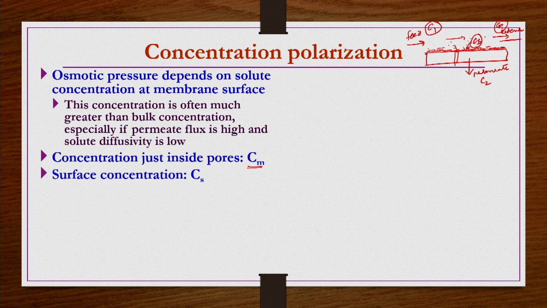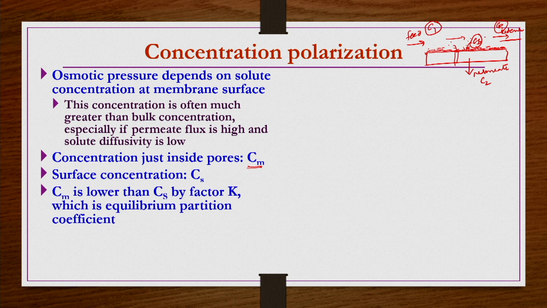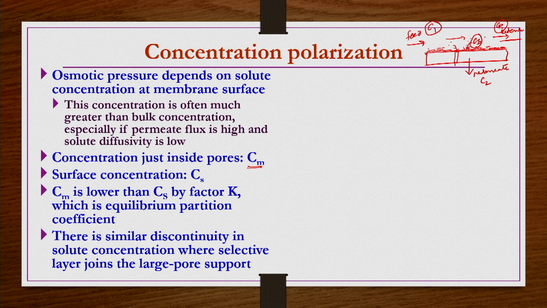The surface concentration Cs is much higher than the feed concentration C1. Cm is different from Cs, but it is lower than Cs by a factor k, which is known as the equilibrium partition coefficient.